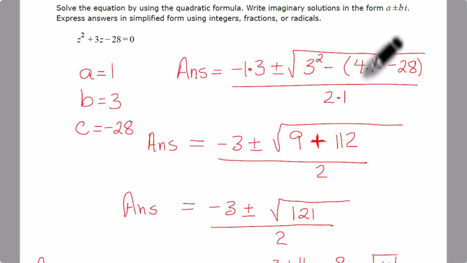A is 1, there's A, and here's my minus 28. Let's see, minus 1 times 3, minus 3. 3 squared is 9. What about this stuff? 4 times a minus 28 is a minus 112. But I've got minus a minus 112, and look, it's a plus.